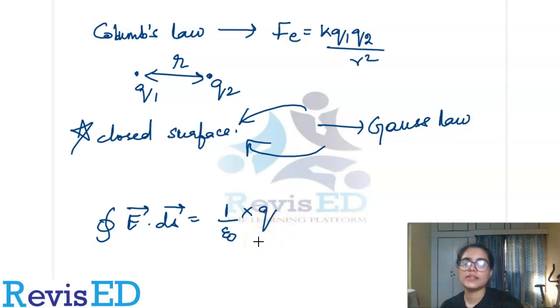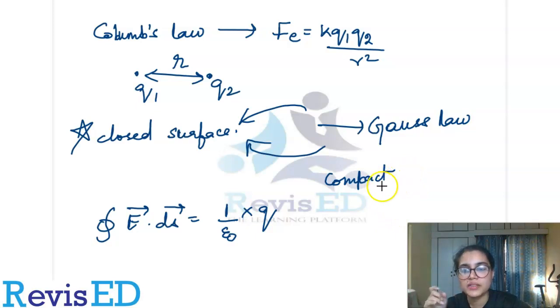Now the question arises: what is a closed surface? Surfaces are classified as open and closed surfaces. A closed surface is one with compact shapes and without boundary.